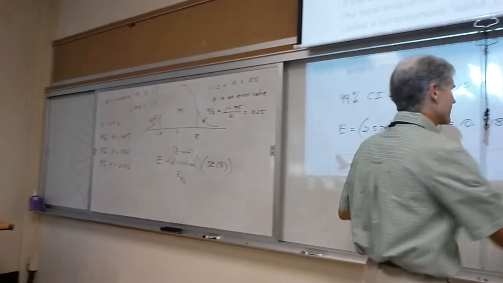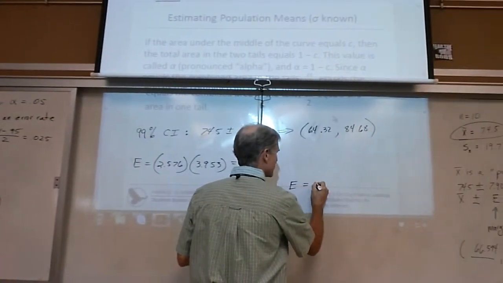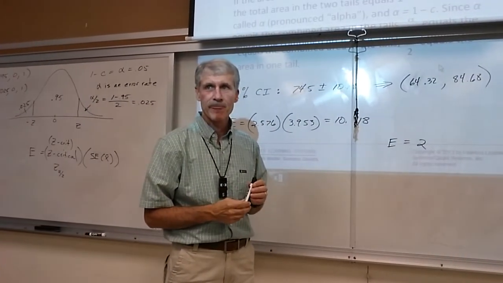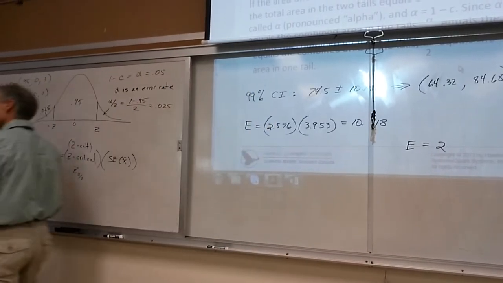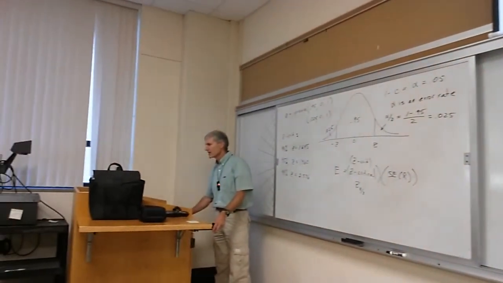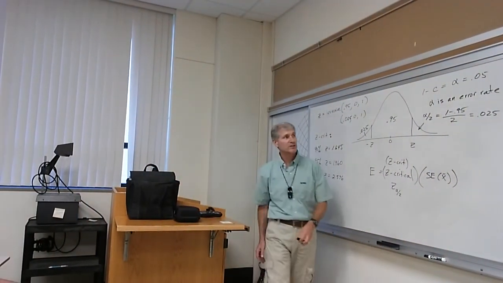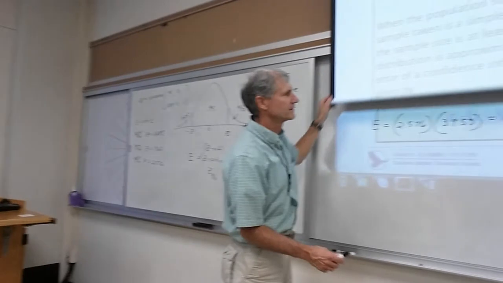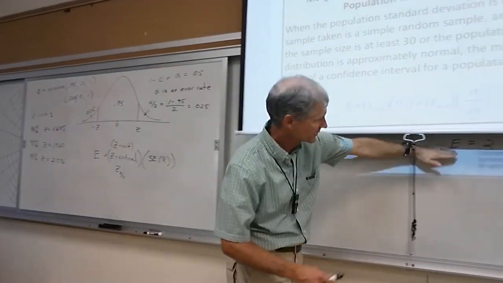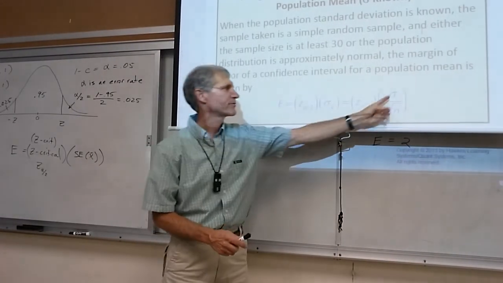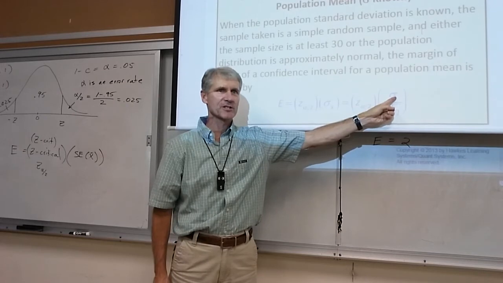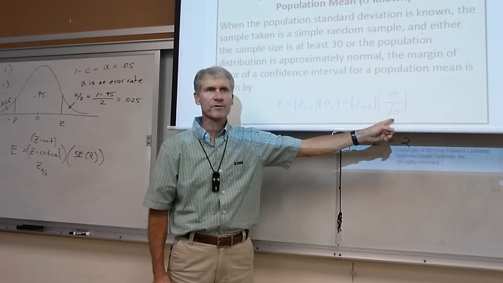Well, what I'm saying is I want the margin of error to be 2. Right? And I'm pretty good at algebra. So if you think about margin of error, here's the formula: the Z critical value times the population standard deviation divided by the square root of n.